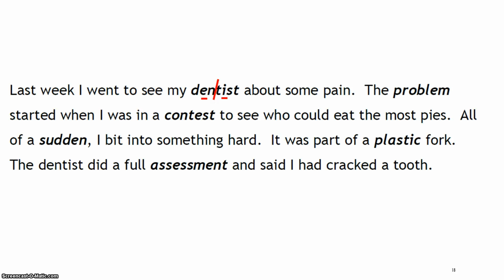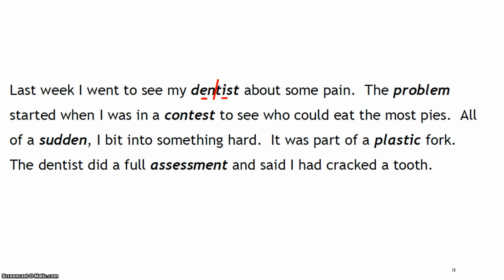So here the E would sound like the E in bed, den, den, and then the I would sound like the I in bid, tist, dentist. Oh, okay. Last week I went to see my dentist about some pain.